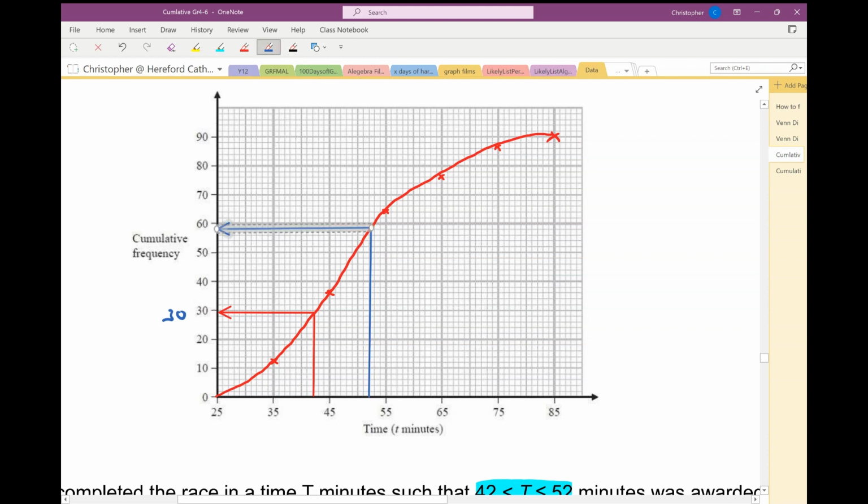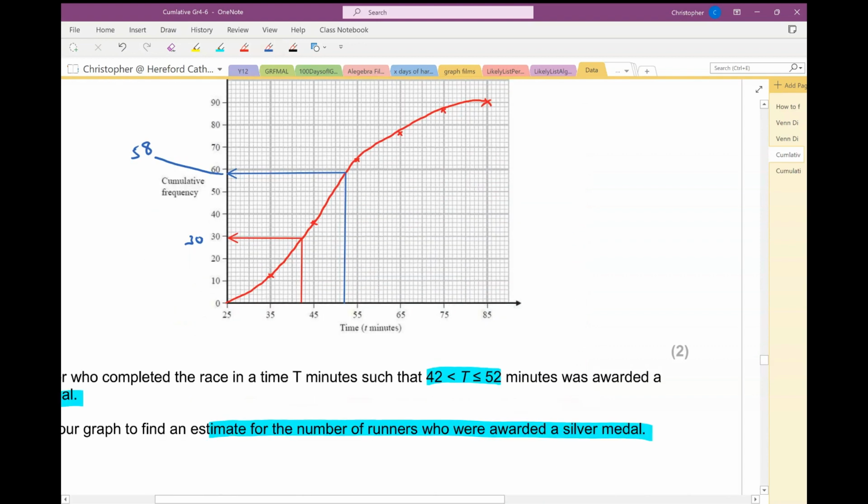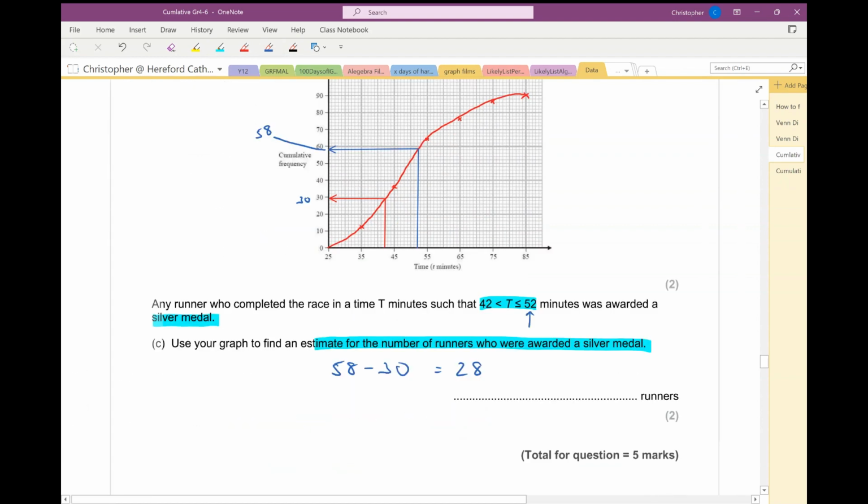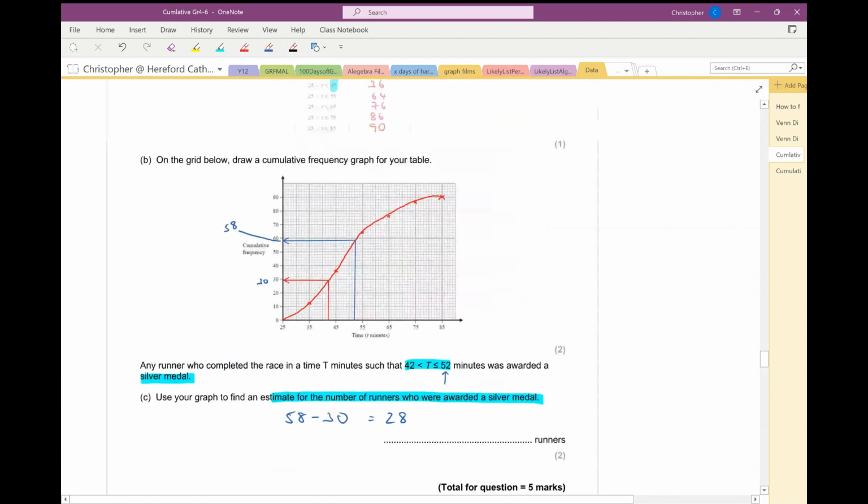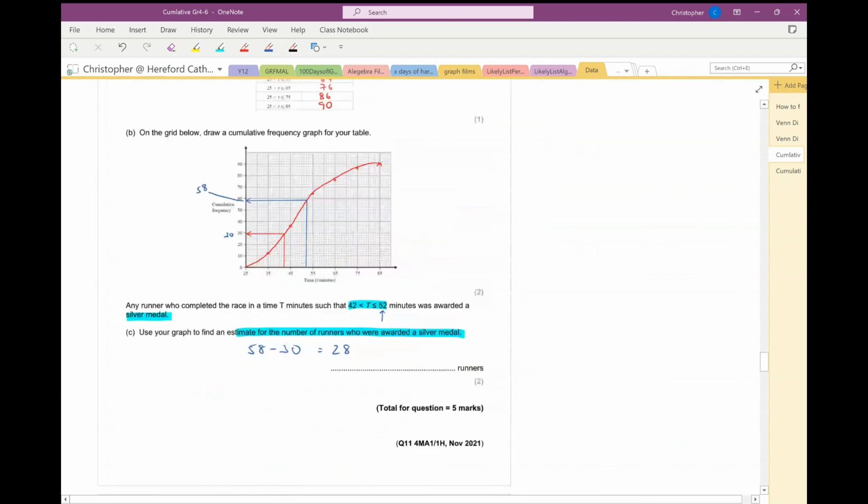Right, it looks to me, now remember you've got that different scale here, haven't you? So that is 58 runners. Don't be tempted to think it's 59. So how many would get a silver medal? Well, 58 ran in less than 52 minutes, but of course 30 of those were very quick, so they would have got golds, I reckon. So 28 runners would have got a silver medal, and that completes that question for 5 marks.